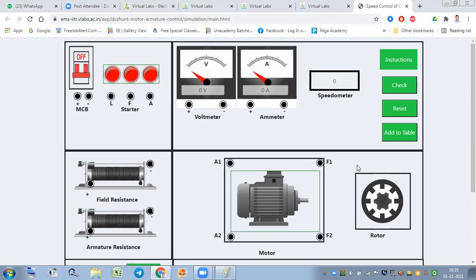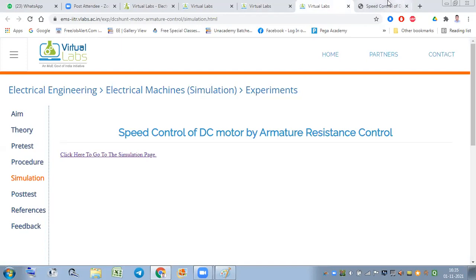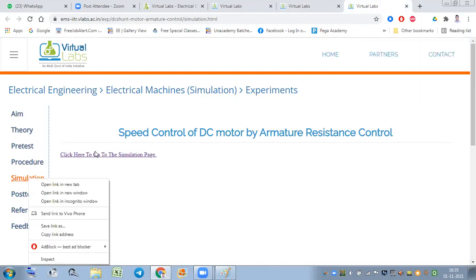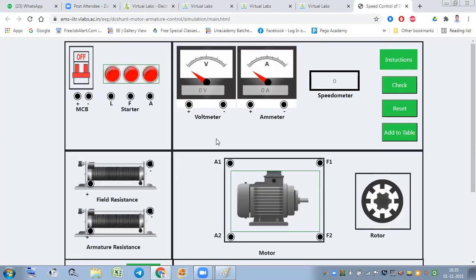Now we will connect the supply and connect everything. First we will connect the MCB and the starter.